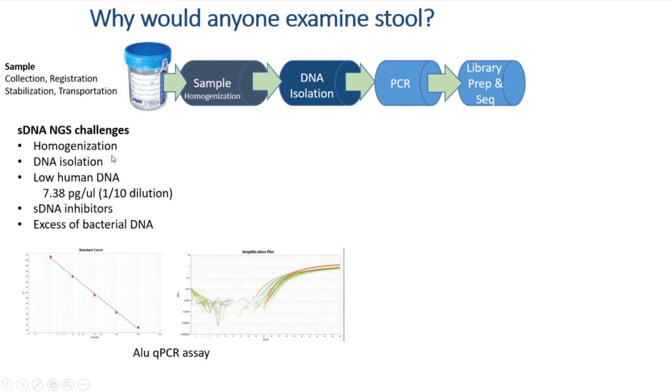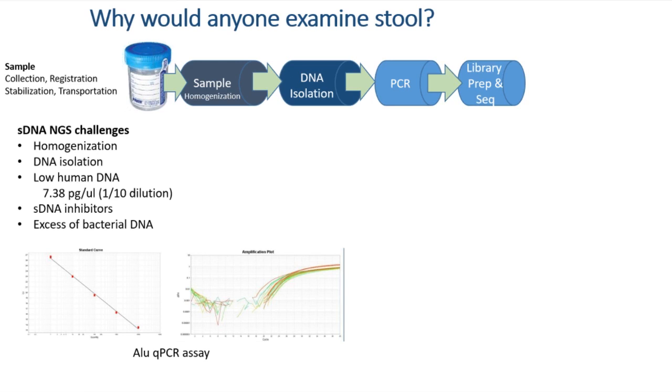Once you get those samples, homogenization strategies are challenging with something that's relatively non-homogeneous. Isolating DNA is difficult, and we find that we often get very low quantities, very low concentrations of human DNA, and we have to dilute our samples because of the presence of stool inhibitors.